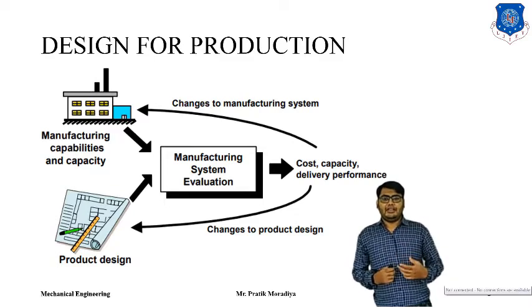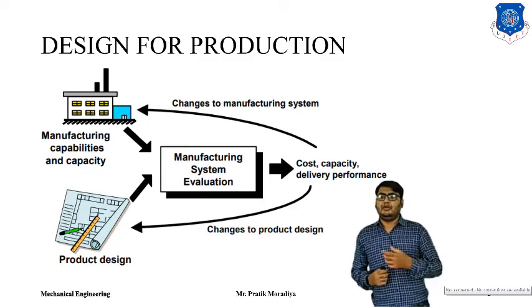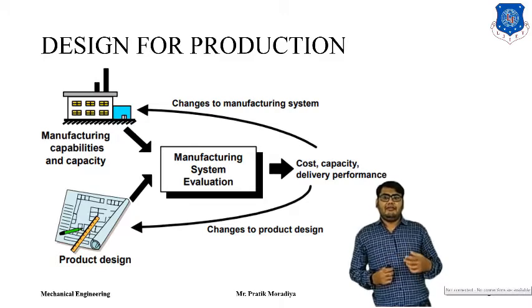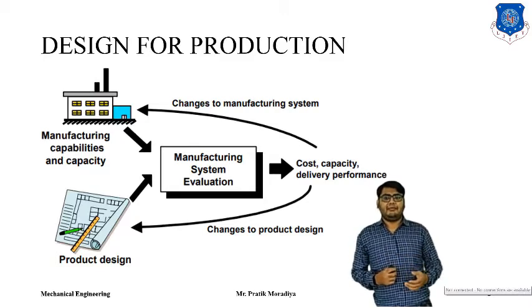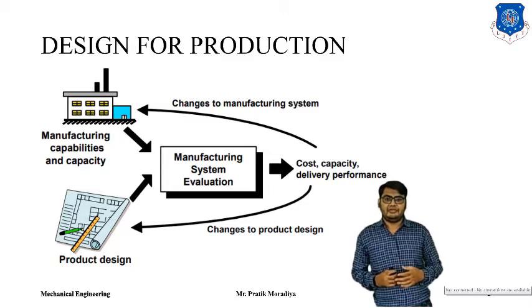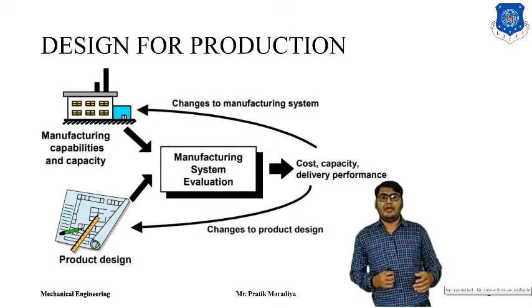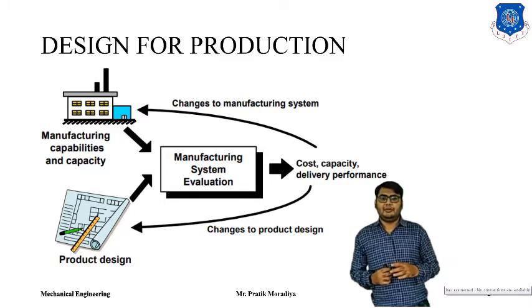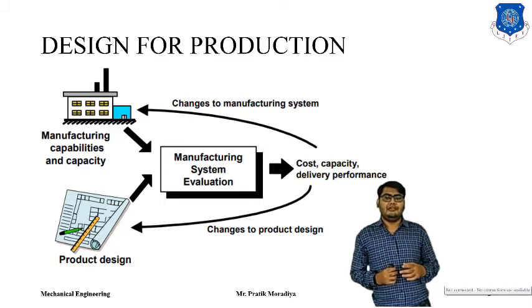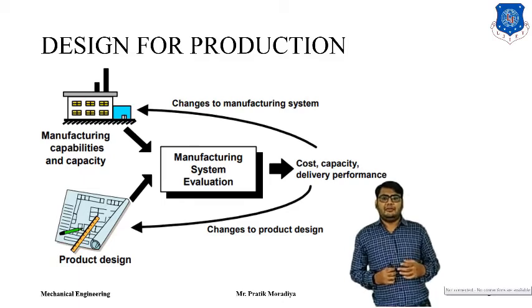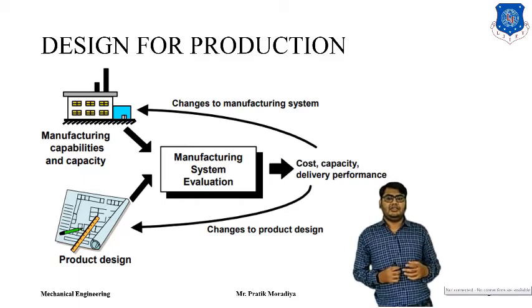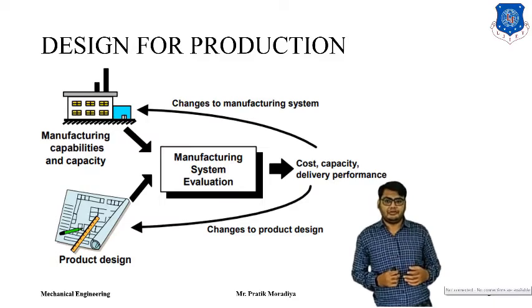For example, if I say I have a lathe, that means I can perform turning and taper turning operations. But that does not mean that I can perform every operation which requires taper turning or turning. Some turning operations may require a very high level of surface finish, in the level of 0.1 micron also.